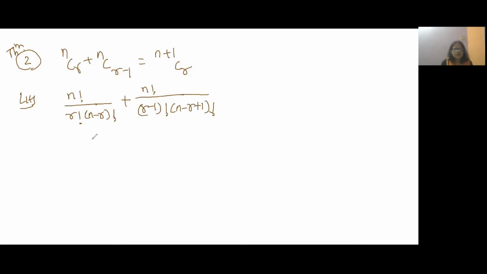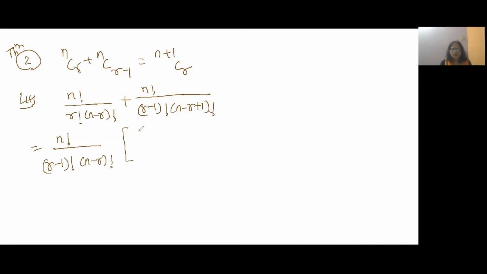Now you can take n factorial common, and r minus 1 factorial can be taken common. N minus r plus 1 is next to n minus r, so it contains n minus r. Take (n minus r) factorial common.